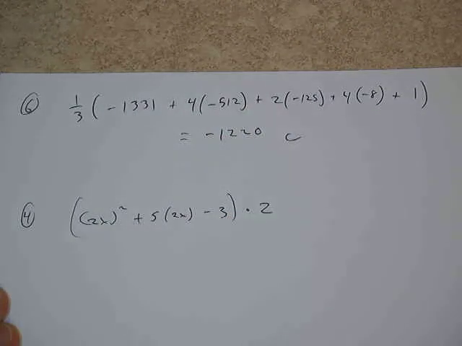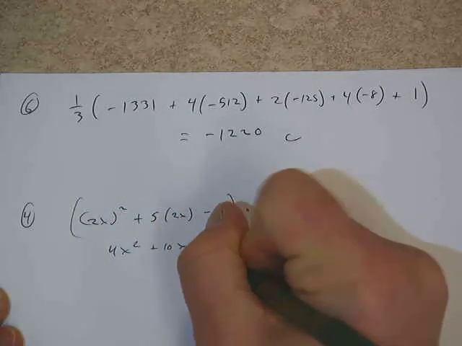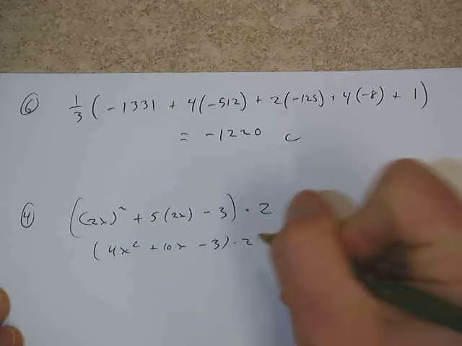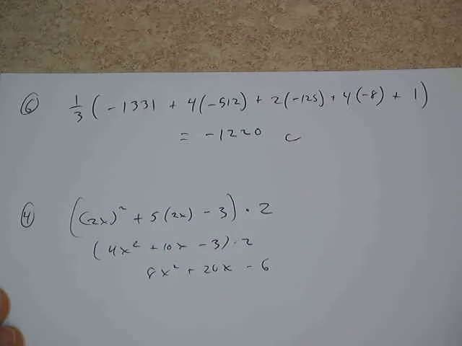So ultimately we'd have times 2, which would give us 4x squared plus 10x minus 3 times 2. So 8x squared plus 20x minus 6. Should be letter D. So again, the key information there is that it's the integrand evaluated at the upper limit times the derivative of the upper limit.